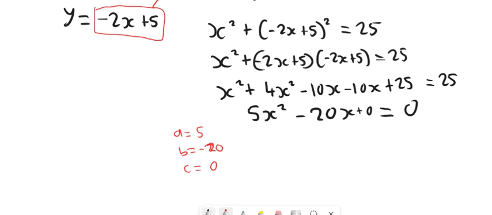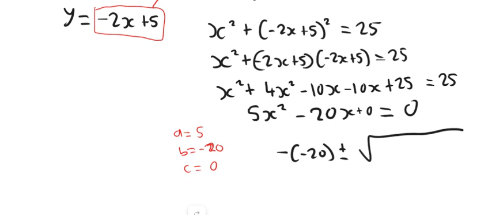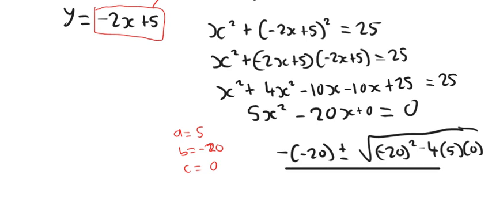Now, when you're putting it into the minus b formula, it's going to be minus minus 20 plus or minus the square root of minus 20 squared minus 4 times 5 times 0, all over 2 times 5.